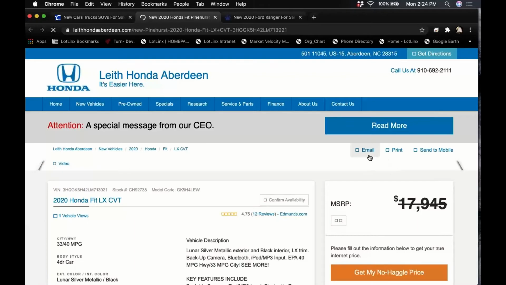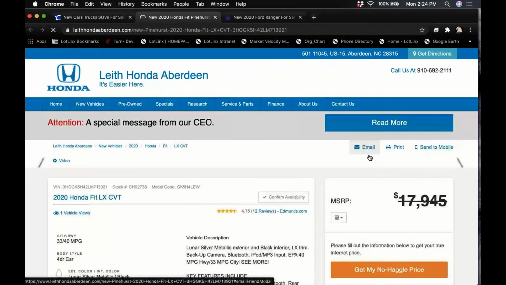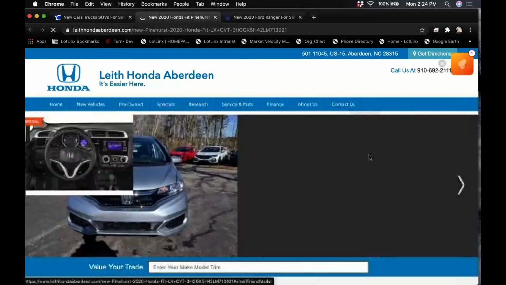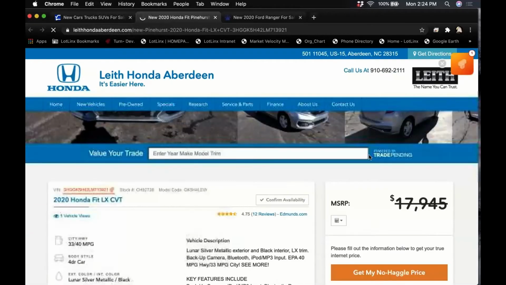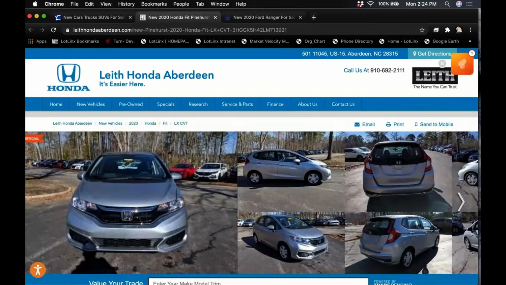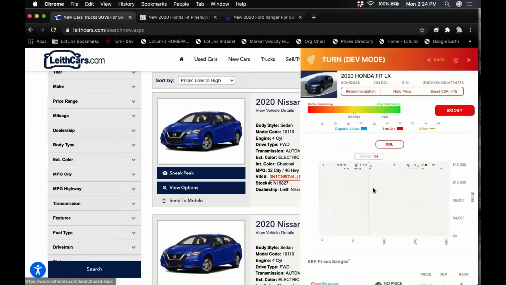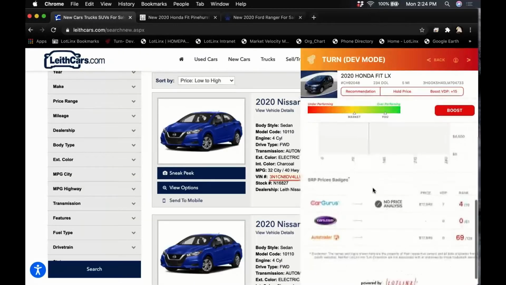Well, this is at another Leith store. So this is at their Aberdeen location. So I can go directly there to drill down on that car. So if I see a competitor who's underpriced the market and I want to see what he's doing, click, boom, it just delivers me right there. Gives me a very simple way of competitively shopping and understanding what I should do with my car.